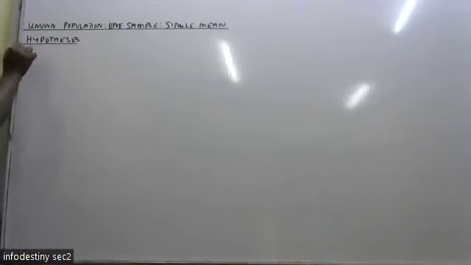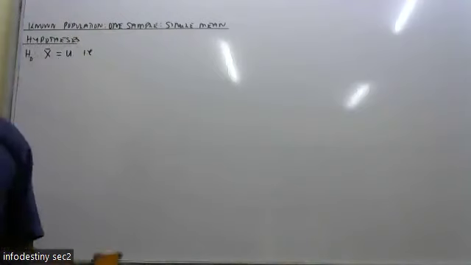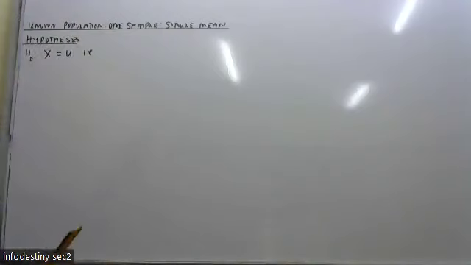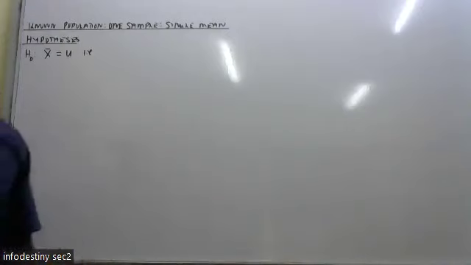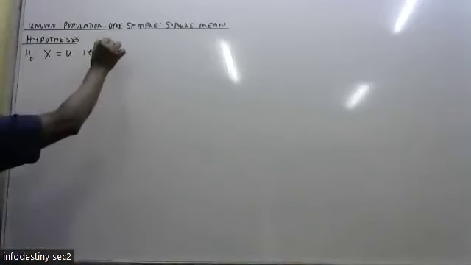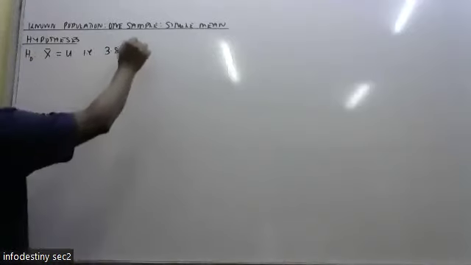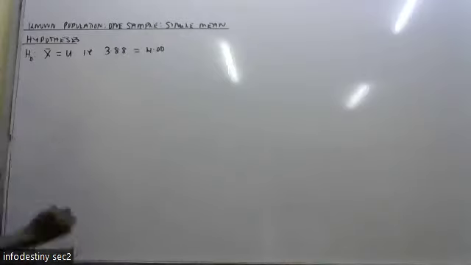We have the null. I'm telling you without many words, you can just cram x bar is equal to mu. That is, the sample mean and the mean of the sample is 3.88, and the mean of the population mu is 4.00.